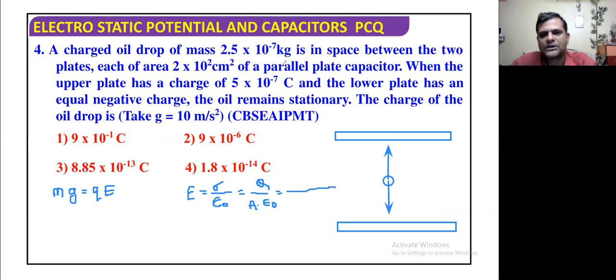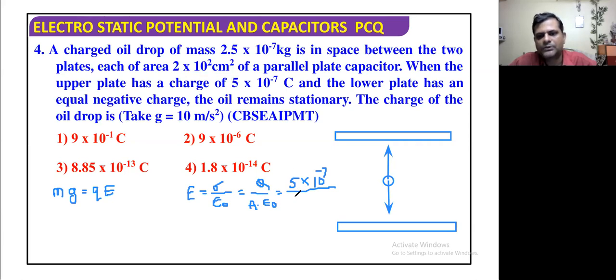So what is the charge on the upper plate? It's given to be 5 into 10 raised to minus 7 coulomb, which is to be put here in the numerator. So here we can get here as 5 into 10 raised to minus 7 coulomb. And the area of each plate is given to be 200 centimeter square, but don't forget to convert it into meter square.